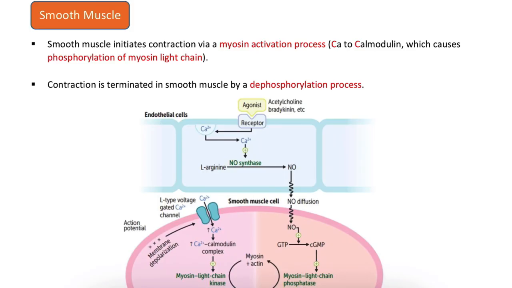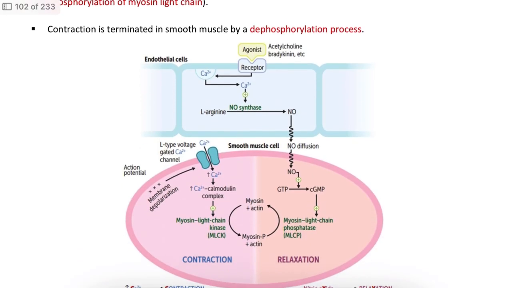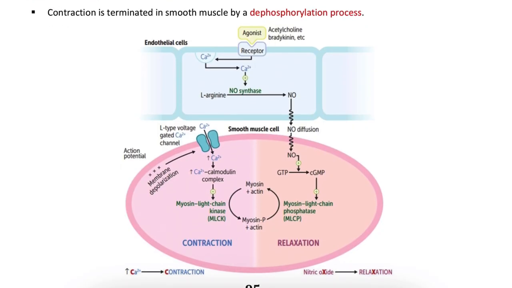First of all, in this image you can see calcium influx. Calcium comes in through depolarization or agonists, for example acetylcholine, bradykinin.